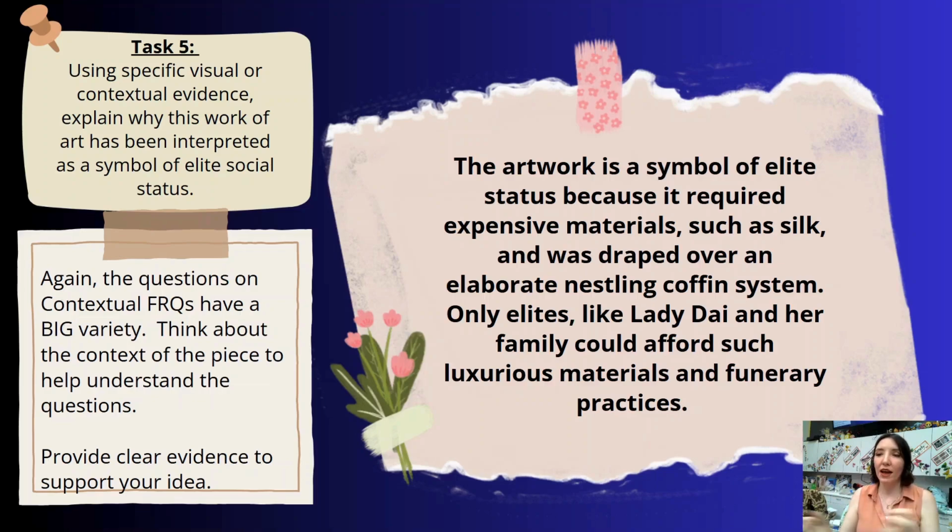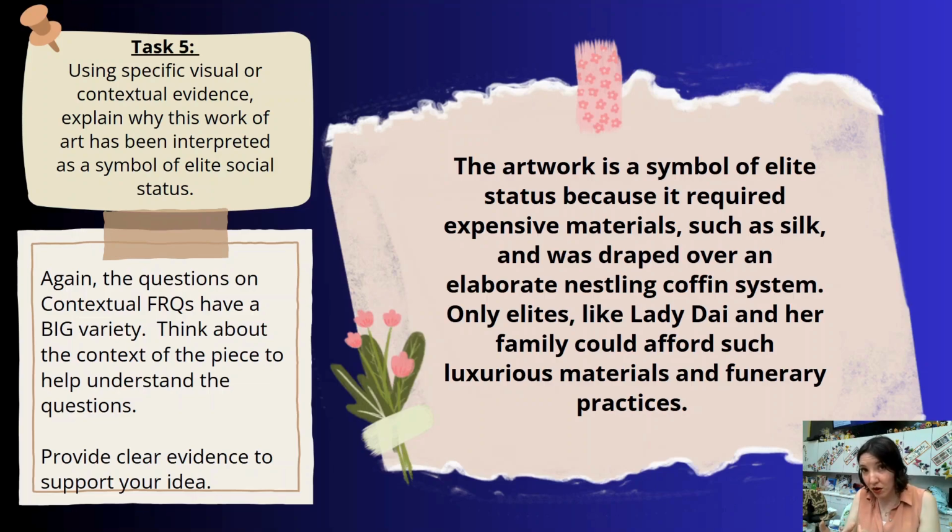So very wide, we can talk about the materials, we could talk about the context of her being an elite person, any of that kind of stuff. Just make sure you're being specific. You don't want to just say the artwork uses silk. Why is that elite? You have to explain why on these kinds of questions, right? So anytime it says explain or why, that's where you go deep.